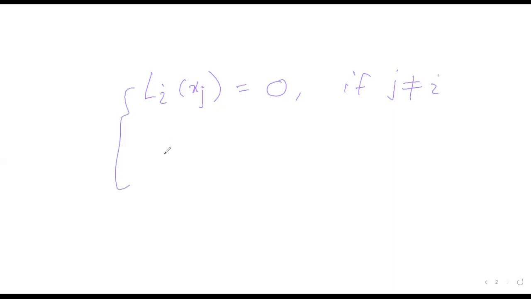I'm just writing the note of what you have to write. But if i is equal to j, you will have 1. So this is what you have to write.